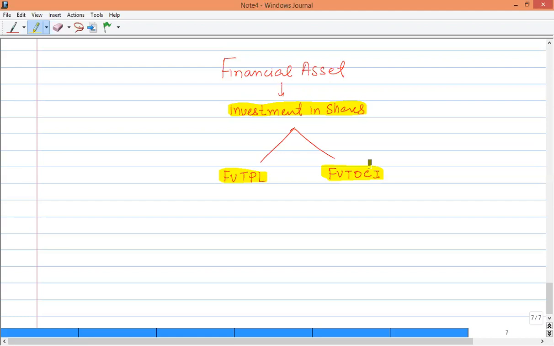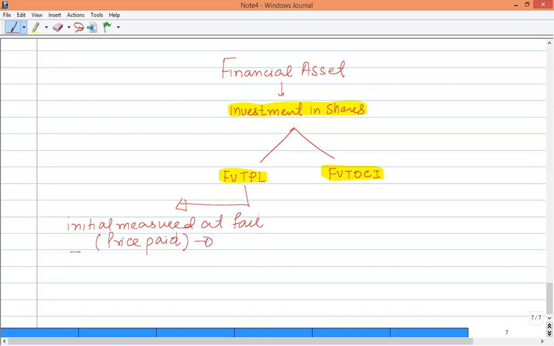If that investment is classified as fair value through profit and loss, then its accounting treatment is that it is initially measured at its fair value, that is the price paid to acquire those shares.